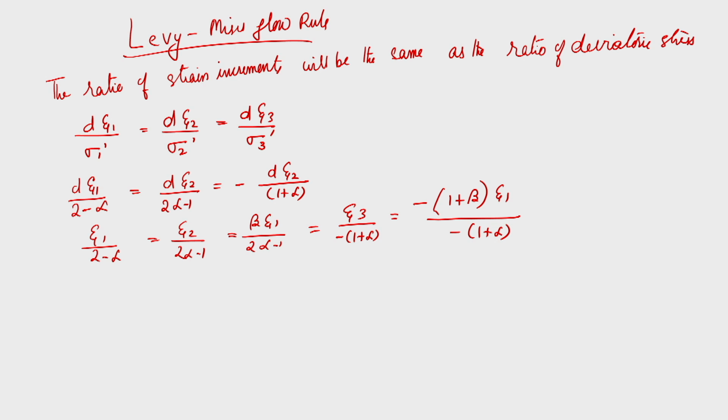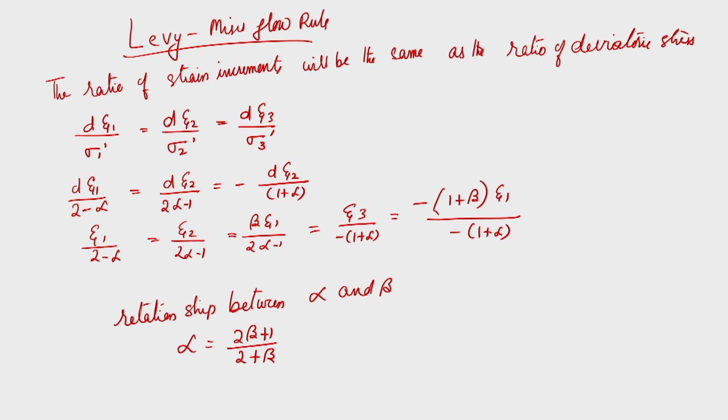The Lévy-Mises rule follows this, but this we were discussing about the stress ratio and the strain ratio. These are correlated. The relationship between alpha and beta, that we can correlate, that is alpha is equal to 2 beta plus 1 by 2 plus beta, or we can write it as beta is equal to 2 alpha minus 1 by 2 minus alpha.